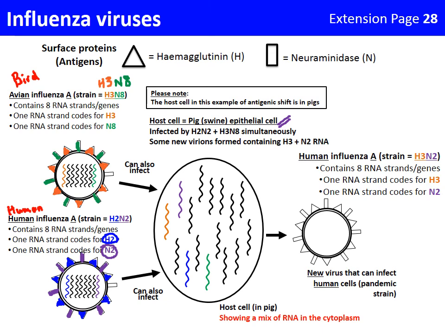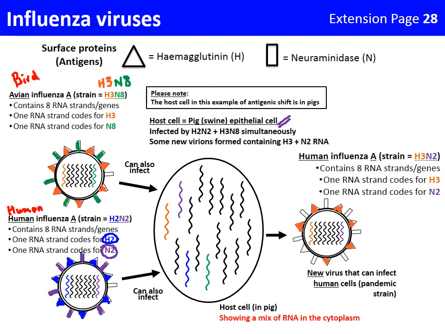So imagine, for example, when a new virus particle was formed, the RNA that codes for the H protein was the H3 RNA. So you can see here that's the orange strand of RNA that originated from the bird virus. So that would code for the H protein as part of the capsid, which is the H3 protein. So here it's in orange. We just color code them.